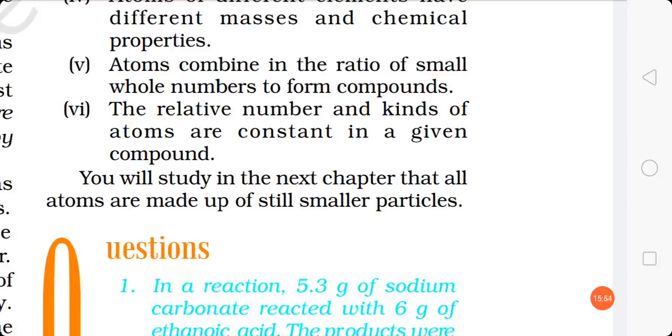अब ऐसा तो नहीं है कि चलो 40-50 एटम ले लिए एक साथ हाइड्रोजन के, बहुत ज़्यादा एटम ऑक्सीजन के ले लिए. इस तरह से नहीं, केमिकल कंपाउंड्स जो फॉर्म होते हैं वो स्मॉल नंबर्स में फॉर्म होते हैं और उनका रेशियो जो है वो फिक्स रहता है. ओके, सो atoms combine in the ratio of small whole numbers. अब ऐसा भी नहीं है कि ये नंबर्स कोई भी फ्रैक्शनल नंबर्स है या पॉइंट वाले नंबर्स है.